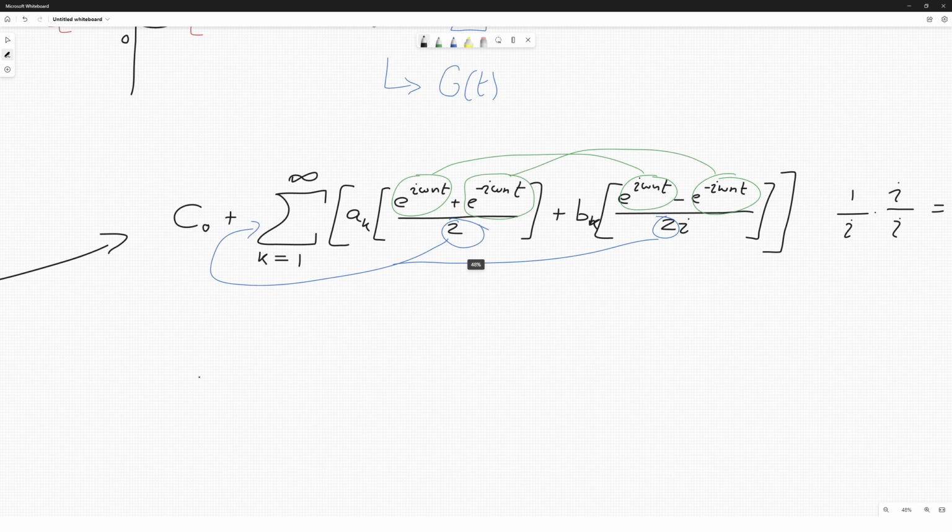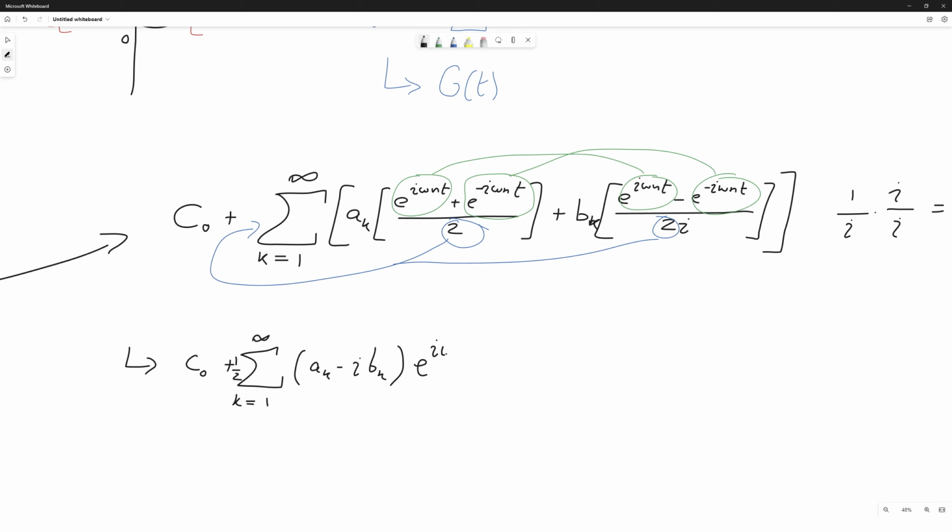All right, so now let's go on to the next step. So we have c naught plus the sum from k equals 1 to infinity of one half, I forgot to put the half, of a sub k minus i b sub k times e to the i omega nt.